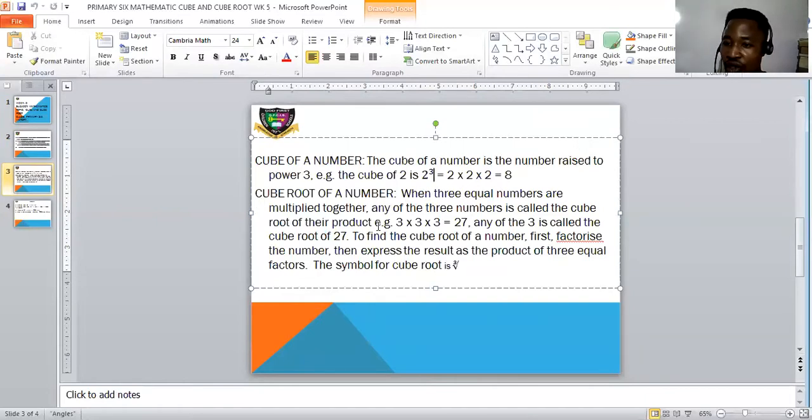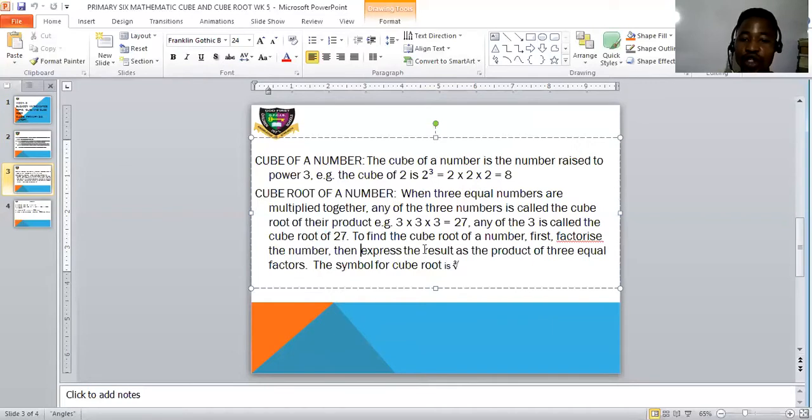For instance, 3 times 3 times 3 equals 27. That means the cube root of 27 is 3. It is 3 that multiplied itself 3 times to get 27. Therefore, cube root of 27 is 3.